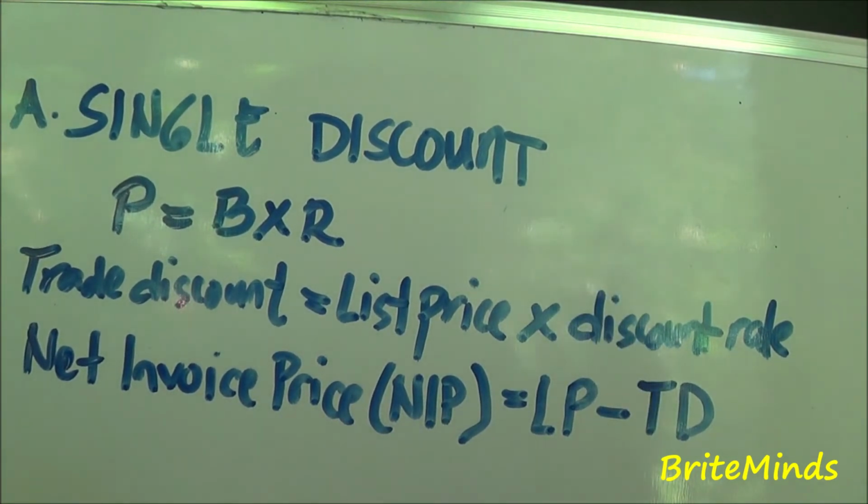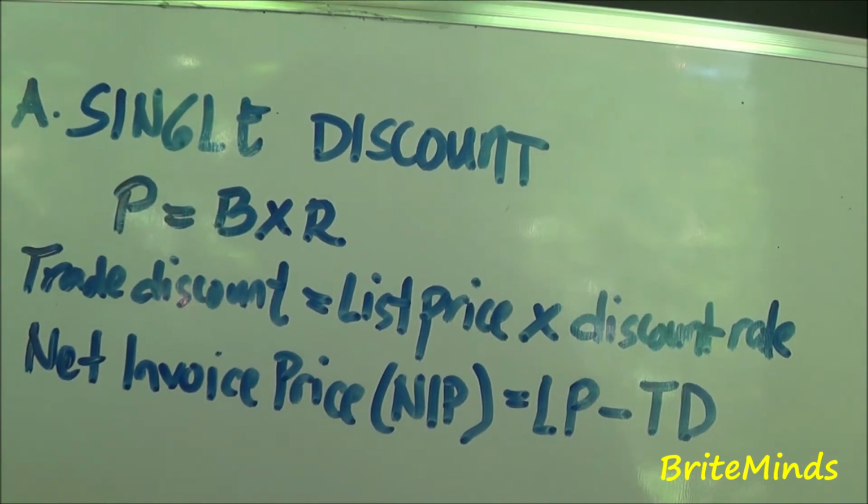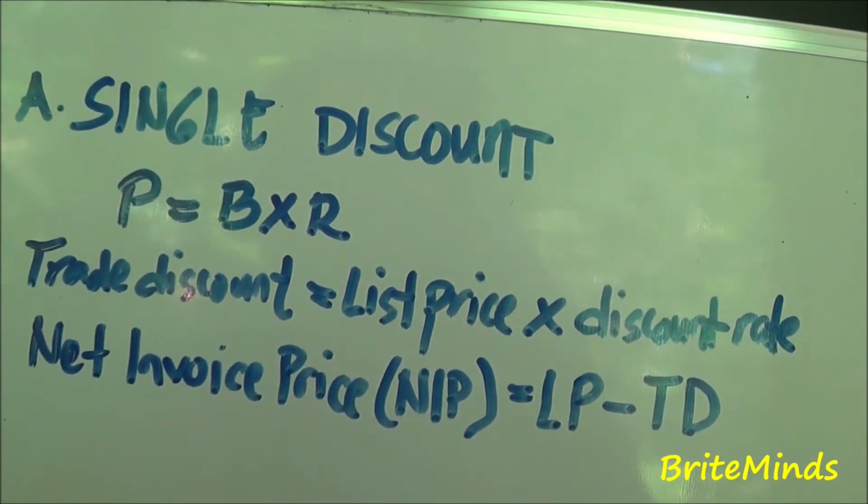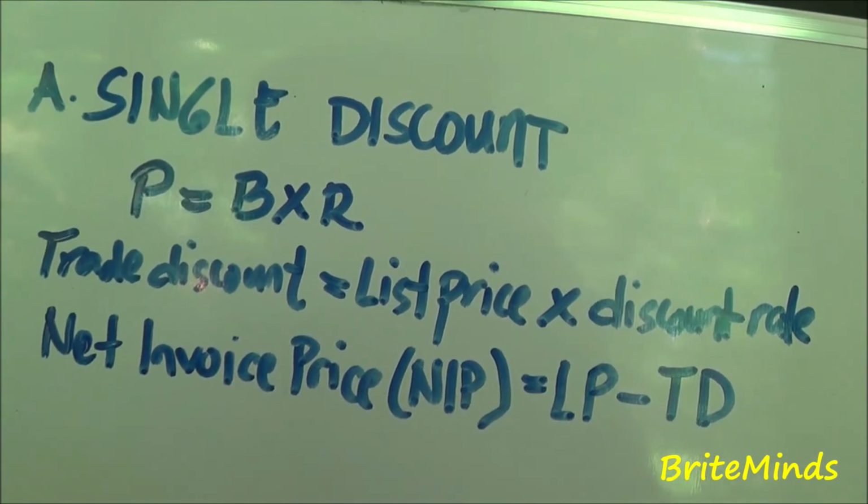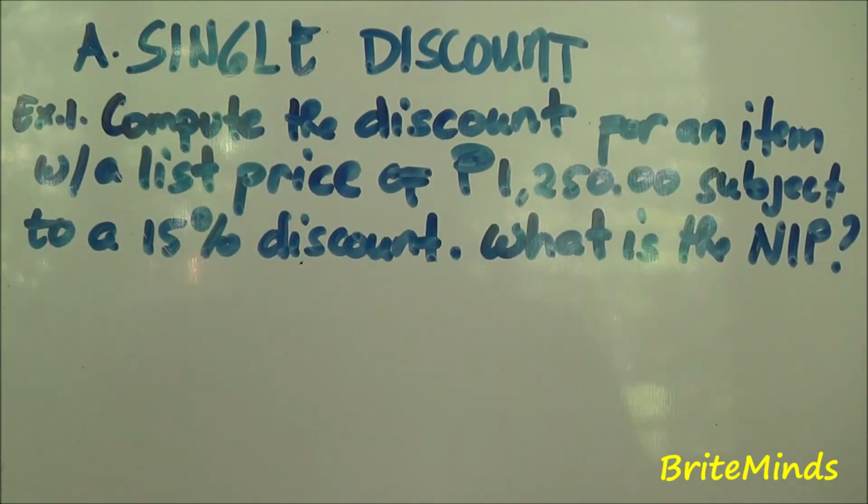I will give you an example for solving single discount. Compute the discount for an item with a list price of 1,250 pesos, subject to a 15% discount.